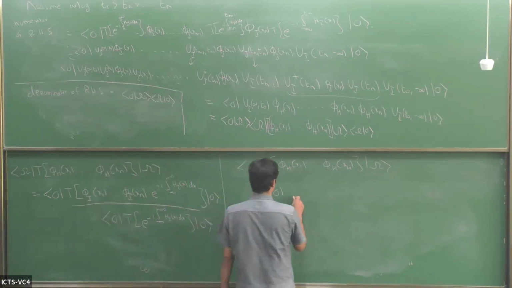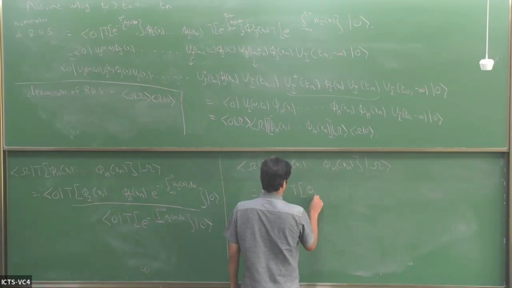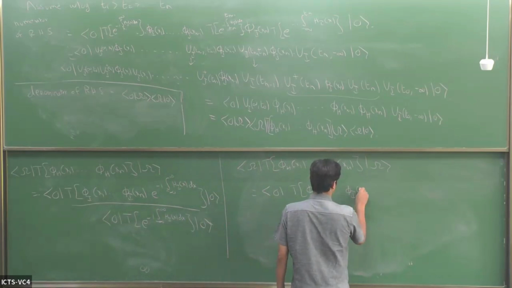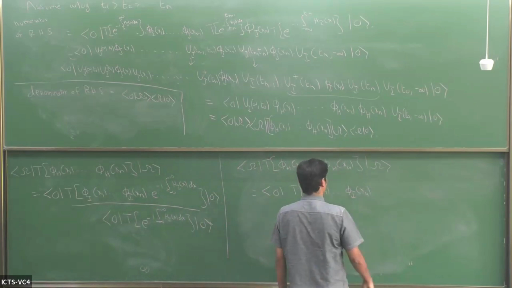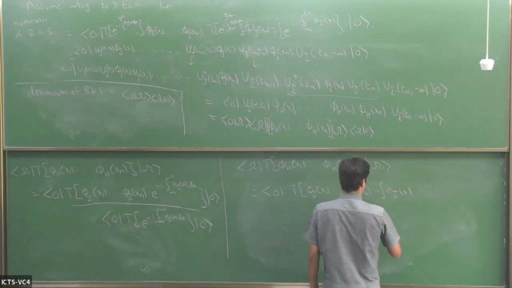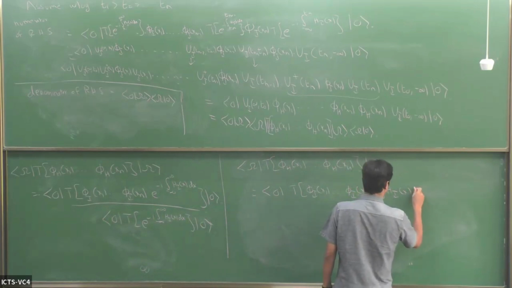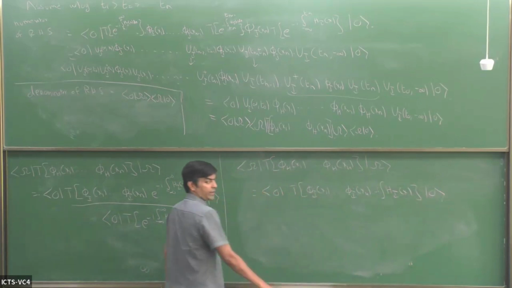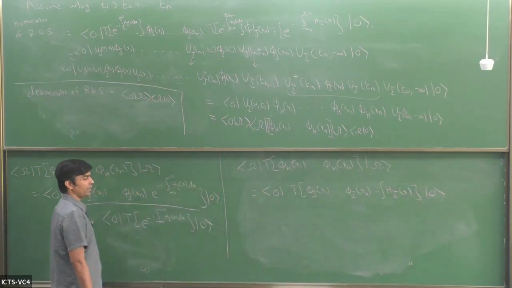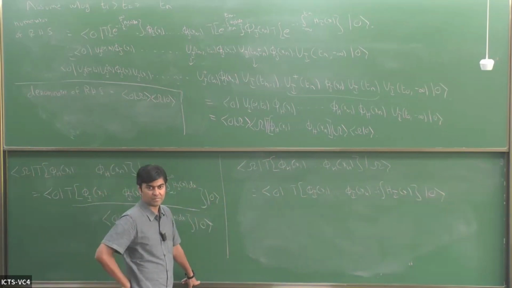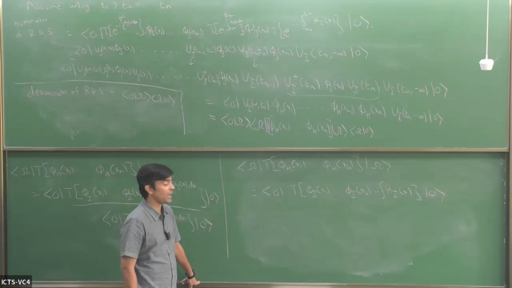So you'll just get phi I x4, and then you'll get this guy, which is phi I of x. Okay. So now you can do various Wick contractions. Okay. And what answer is this going to give you?